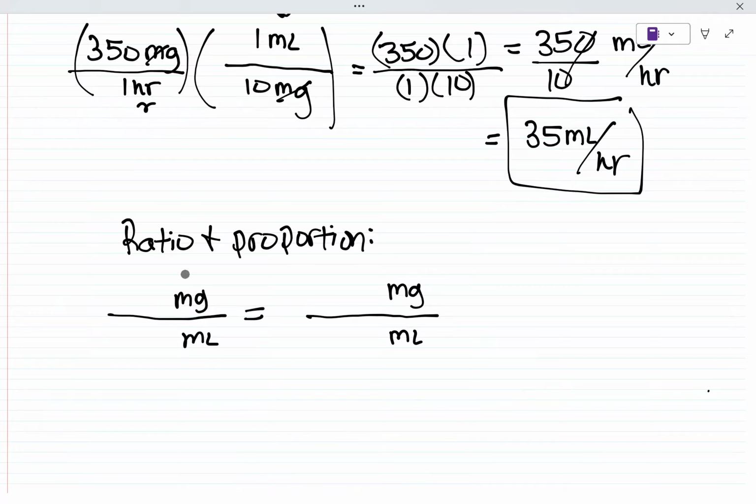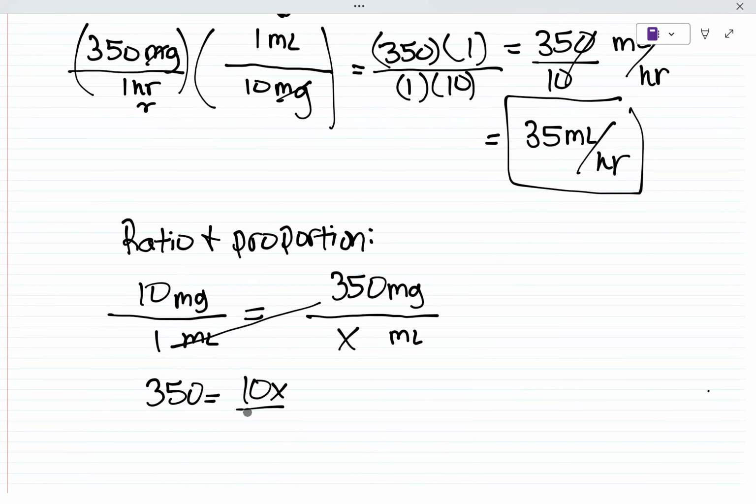So we know that we were given 1 milliliter per 10 mg, or 10 mg for 1 milliliter, and we want to know how many milliliters are there in 350 mg, right? And then if you cross multiply, this would be 350 equals 10x, and then divide this by 10, and you get 35 milliliters per hour.